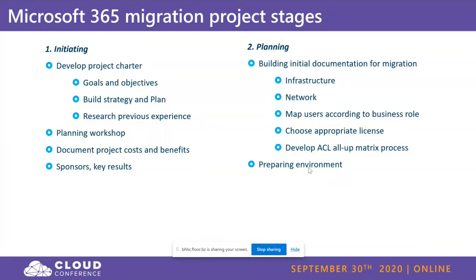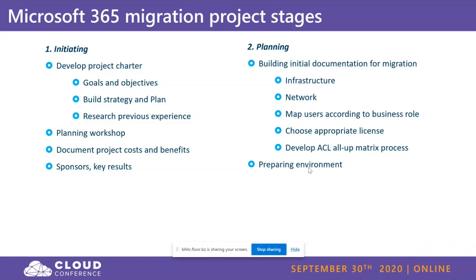Another thing that we have to cover during the planning is to map the users according to their business role. What this means is that you have to look at all the divisions in the company to understand their requirements and what services from Microsoft 365 they need. After we do this, we have to choose the appropriate license.